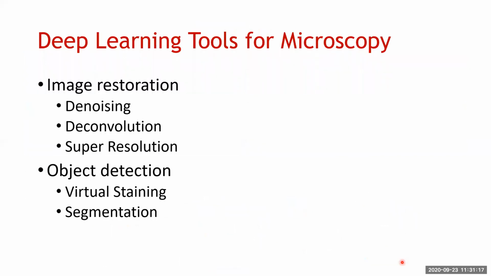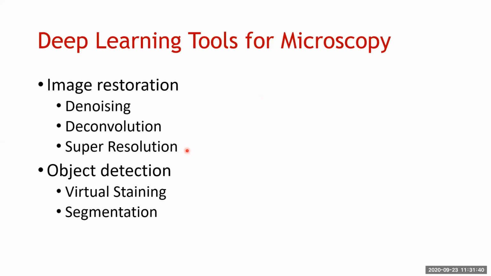Okay, so what are the tools available for microscopy and deep learning? There are quite a few, but I'll just focus on some of the more common ones. And so you have image restoration, where you can denoise noisy objects, do deconvolution and super resolution to some noisy or kind of crappy images.